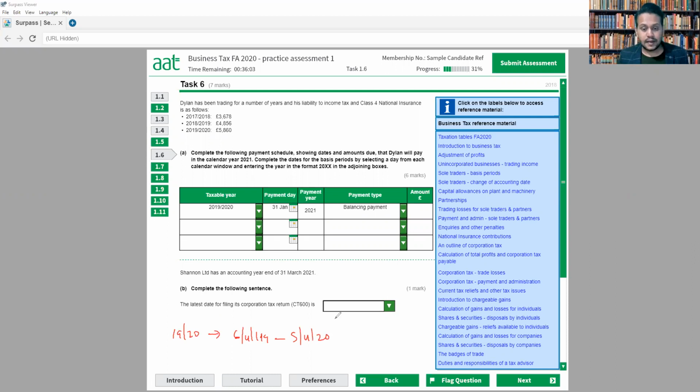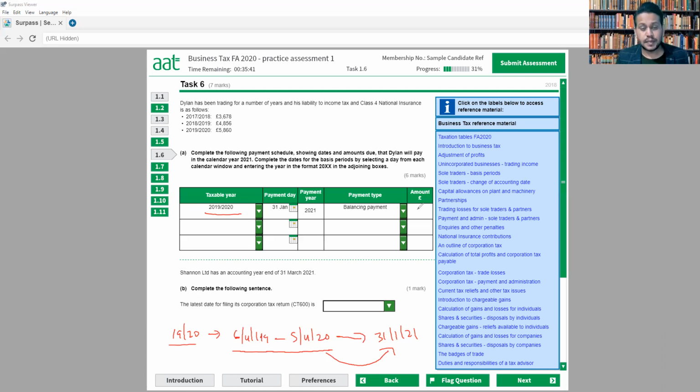And we have to pay after the year end, 31st of January next year, that is 2021. So for the tax year 19-20, the period from 6th April 19 to 5th April 20, I have to make the payment to HMRC on 31st of January 2021, which is next year.